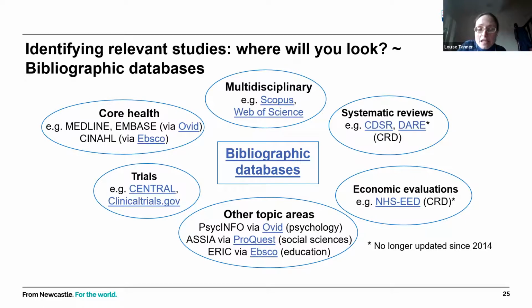It might be that your outcomes are wider social outcomes, such as SATs results, school attainment. For those studies, you might want to search ERIC, which lists educational references, and ASSIA, which is a social sciences database.